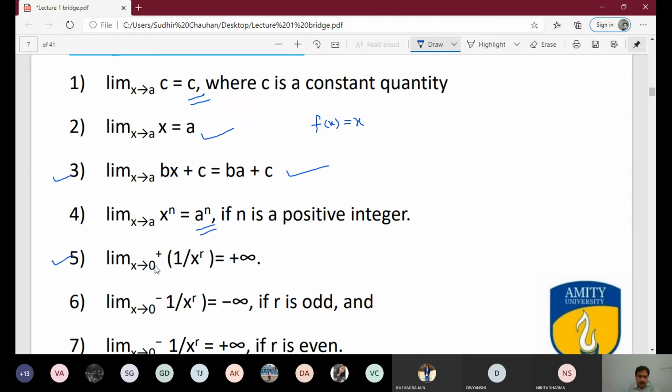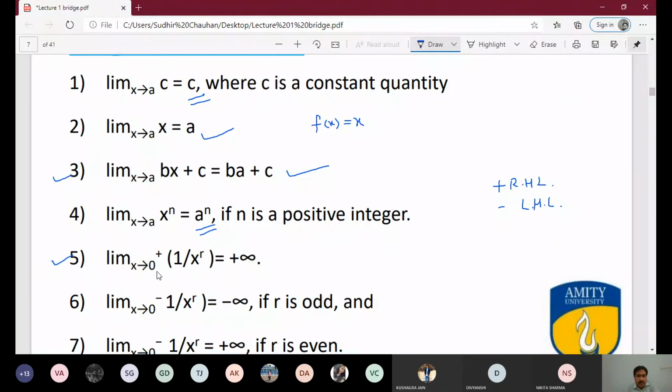Now number 5 is limit x tends to 0 plus. If we take plus or minus, plus indicates the right hand side and minus indicates the left hand side, so it is the left hand limit and right hand limit. So limit x tends to 0 plus means the value is approaching 0 but is slightly greater than 0.